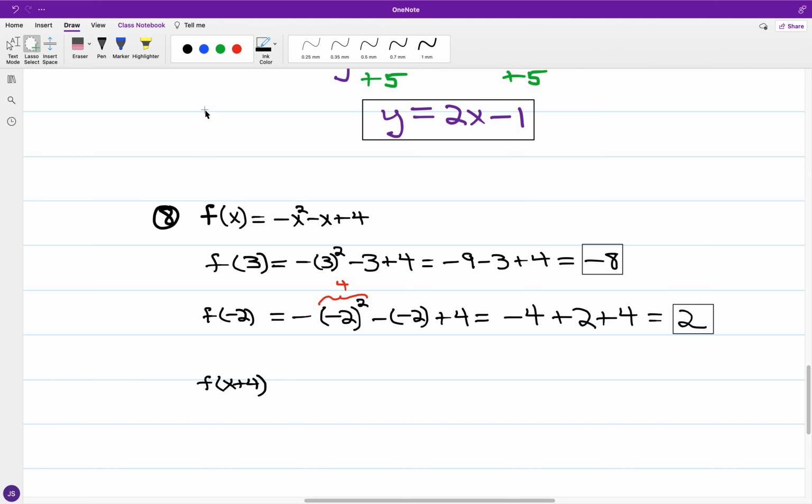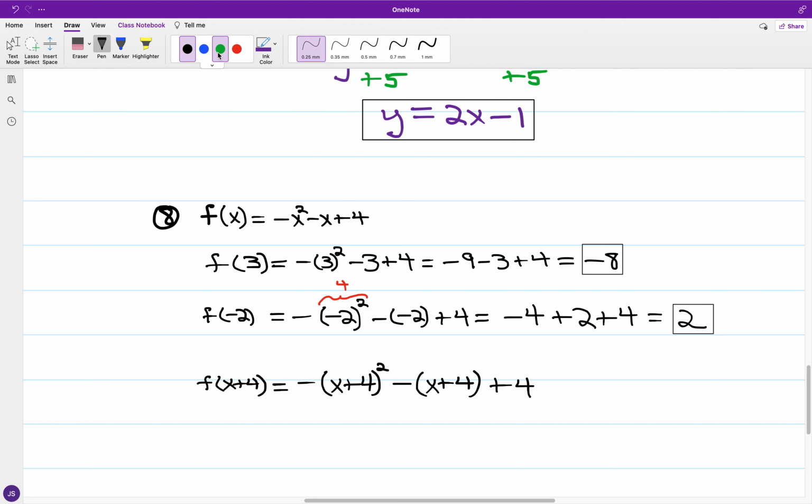So for f of x plus 4, now we have the negative of the square of the input, so we'll be looking at the negative of the square of x plus 4, and minus the input, so we have minus all of x plus 4. So the minus is going to affect not only the x but also the 4. And I have plus 4 at the end.